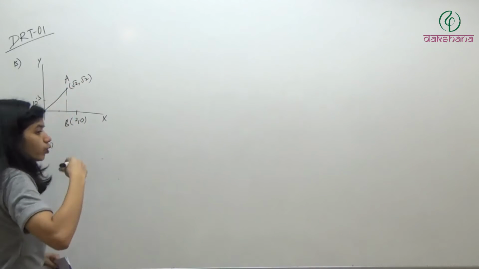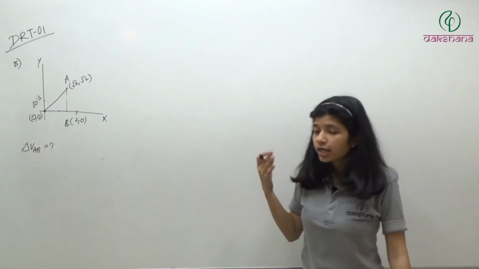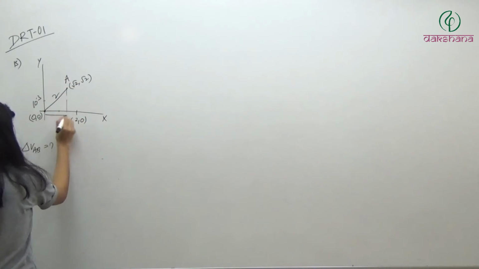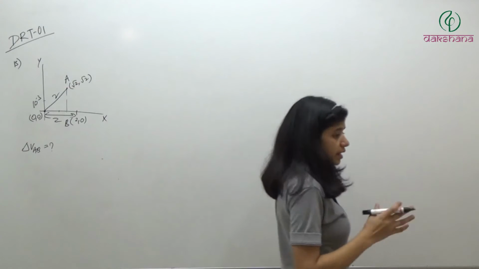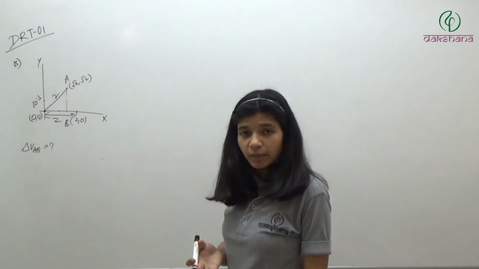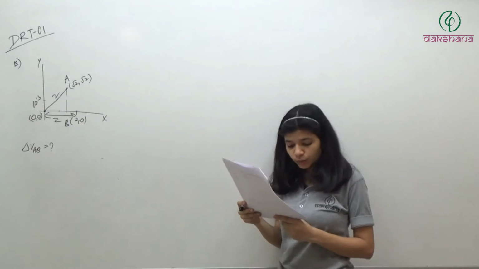So this distance will be root of root 2 square plus root 2 square. It means root of 2 plus 2, that is root of 4, that is equal to 2. So this distance is 2 as well as this distance is 2. So for both the points, R is same. If R is same, it means for both the points KQ by R is same, it means potential difference will be 0 when we talk about point A and B. So answer will be 0.